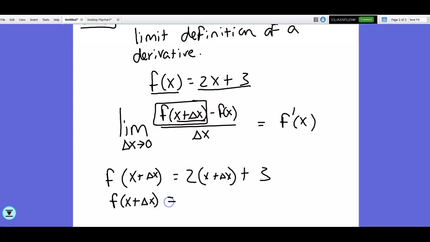This side stays the same, but over here we can go ahead and distribute. So that's step 1, I'm going to call it. Find f of x plus delta x. And basically you're just going to plug x plus delta x into the original function to do that.